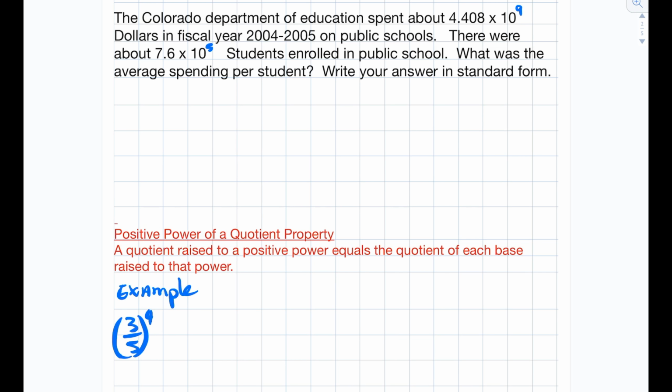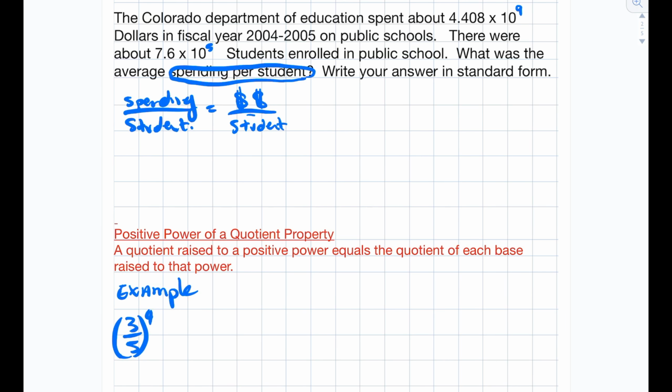So, when I see what was the spending per student, this right here is a fraction, right? Spending per student, which is equal to how much they spent, dollars. Oof, let me change that. That's dollars per student, right?